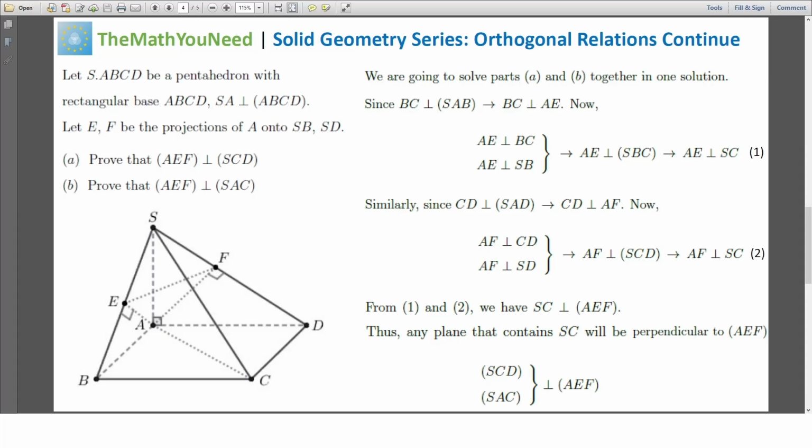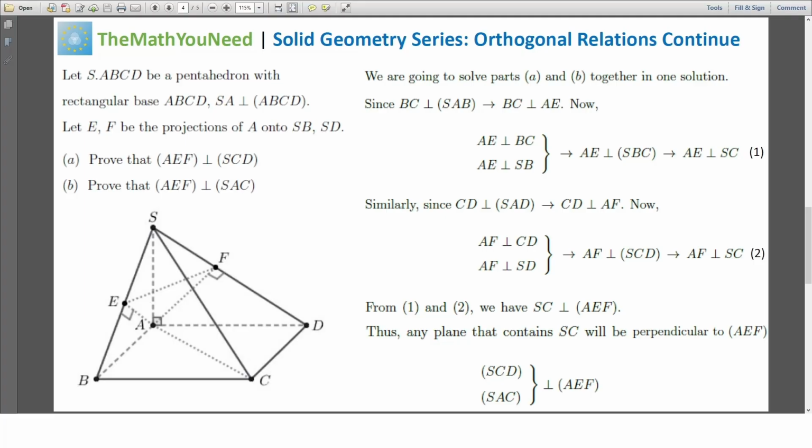But clearly, SC belongs to plane S.AC and S.CD. And so, therefore, we have plane S.CD is perpendicular to plane AEF, and plane S.AC is perpendicular to plane AEF as well.